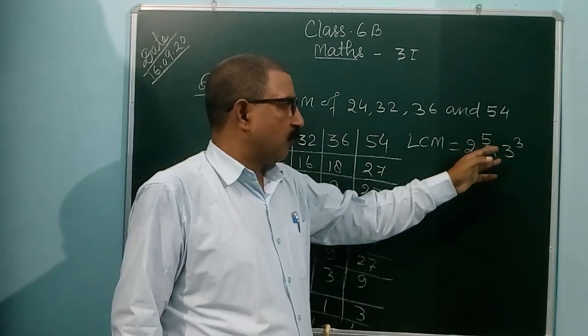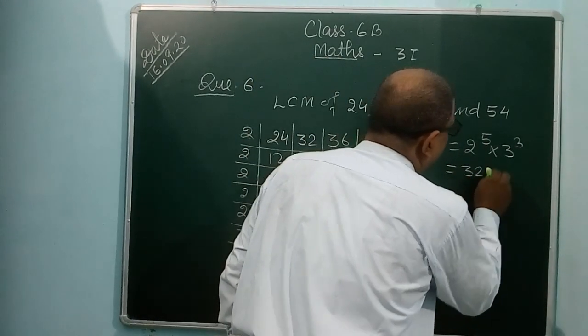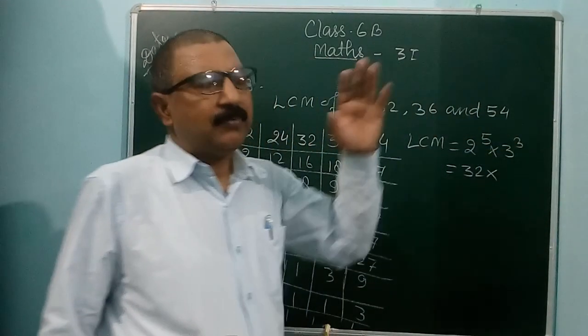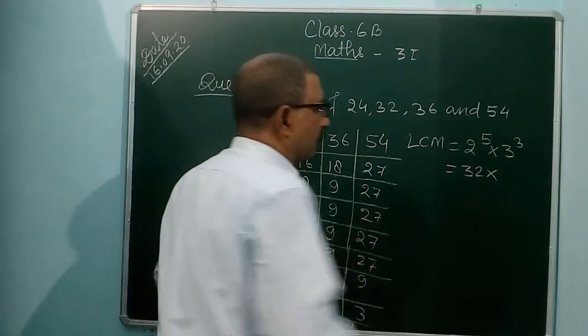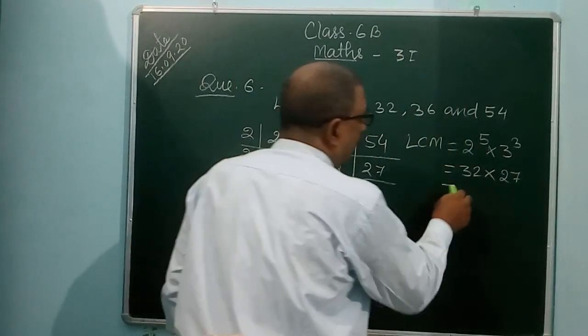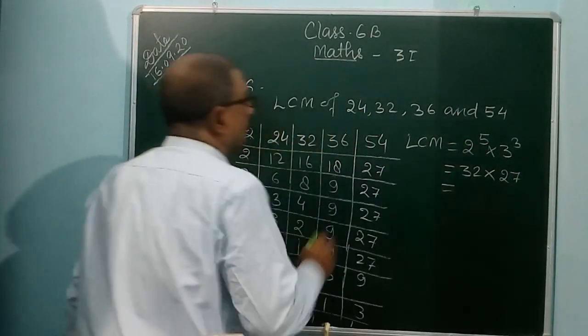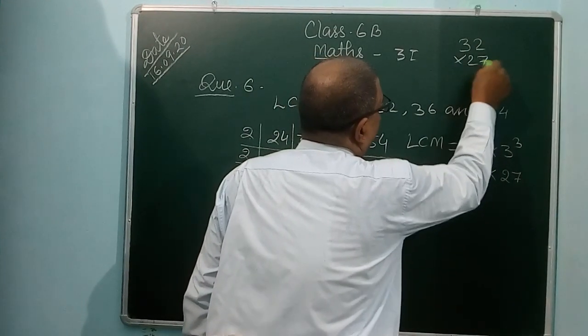This value 2 to the 5 equals 32, into 3 three times: 3 3s are 9, then 27. So you multiply 32 into 27.